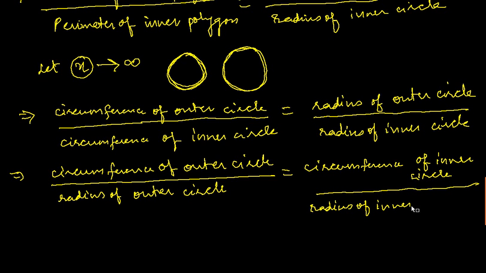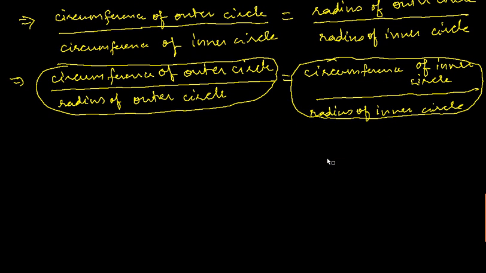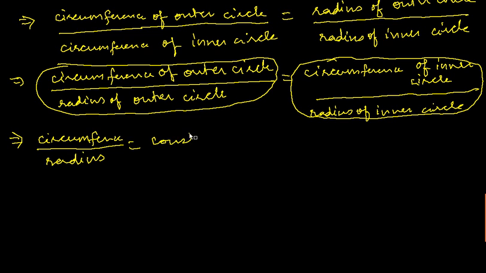Now can you see what is happening? You can observe that this quantity for the bigger circle is the same as the same quantity for the smaller circle. It means that this is actually a constant quantity. Circumference upon radius is equal to a constant, right?